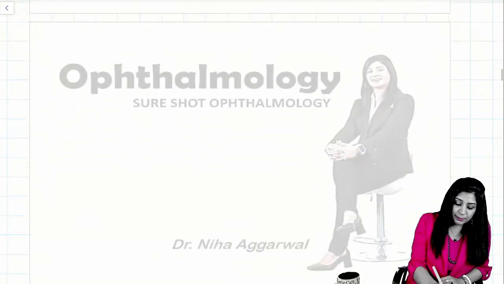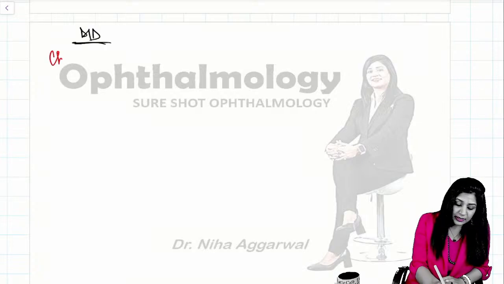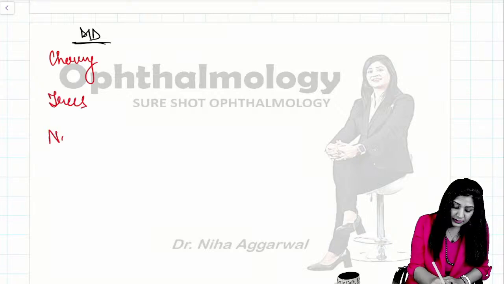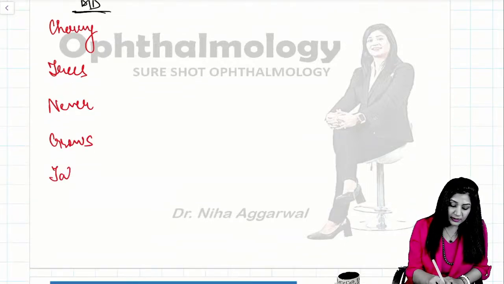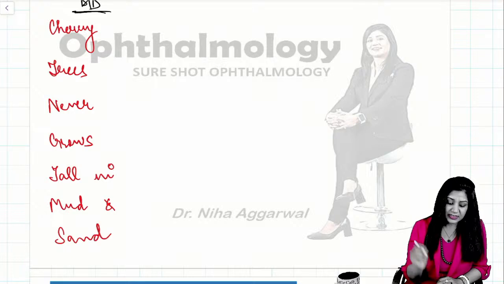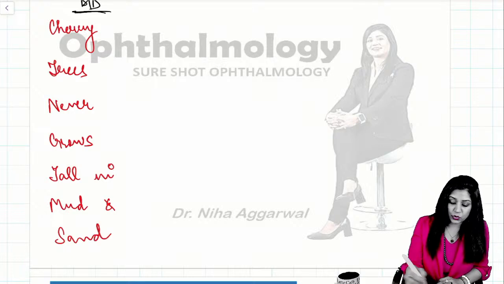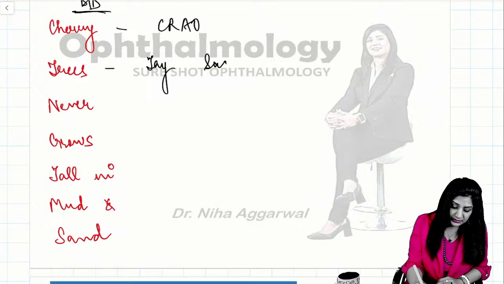If I talk about the DD, remember: cherry trees never grow tall in the mud and the sand. So it can be due to CRO, then it is Tay-Sachs disease.